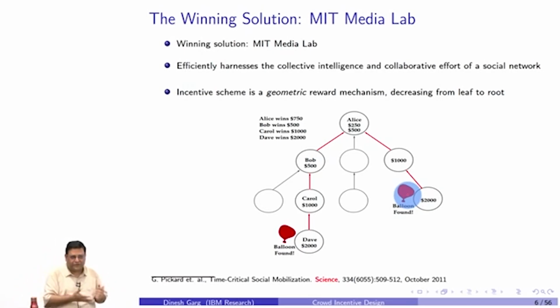That's the beauty of geometric series. So you see, this is a very clever idea: you are not exceeding the total payout beyond the budget available to you. Still you are able to recruit an infinitely long chain, and moreover you are giving the highest reward to the person who is spotting the balloon. Can you see that in this scheme both conditions are satisfied?